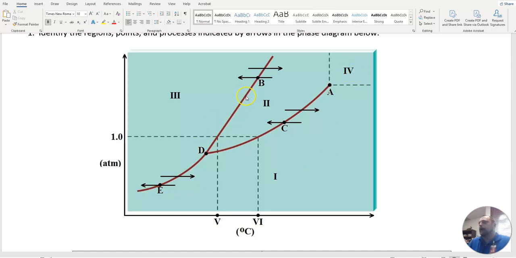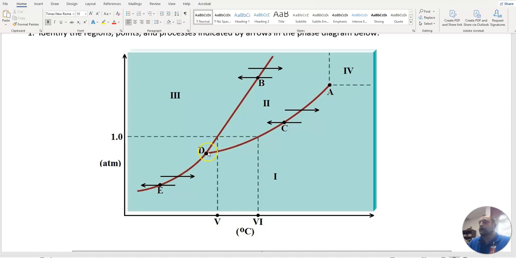So if I'm on the red line between 3 and 2, for instance, where this B is, if I'm on that red line, I have some solid and some liquid present. If I'm on the red line over here, I have some liquid and some gas present. If I am in the middle at this point D, that's called the triple point, I will have all 3 present.